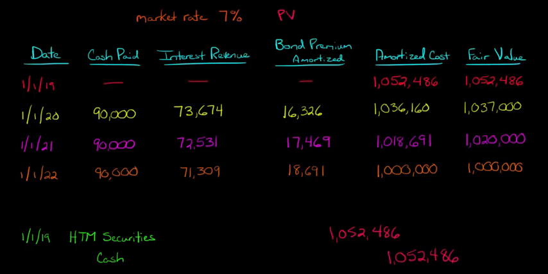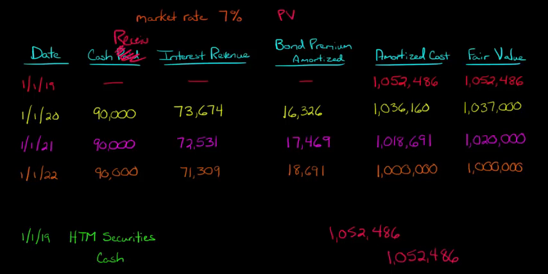Now the amortized cost is going to change over time. We paid this extra $52,486, but that's going to be amortized. A certain amount of the bond premium is amortized each time we receive interest. So we have this interest revenue, and this actually should be cash received here.